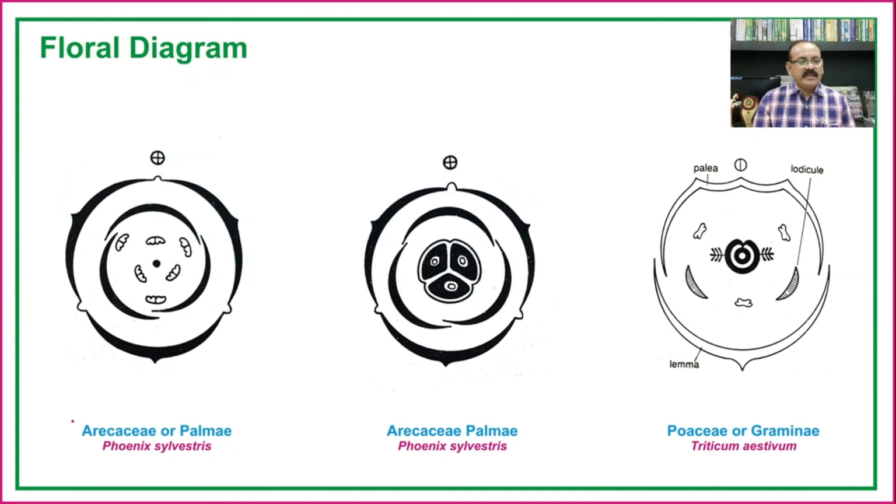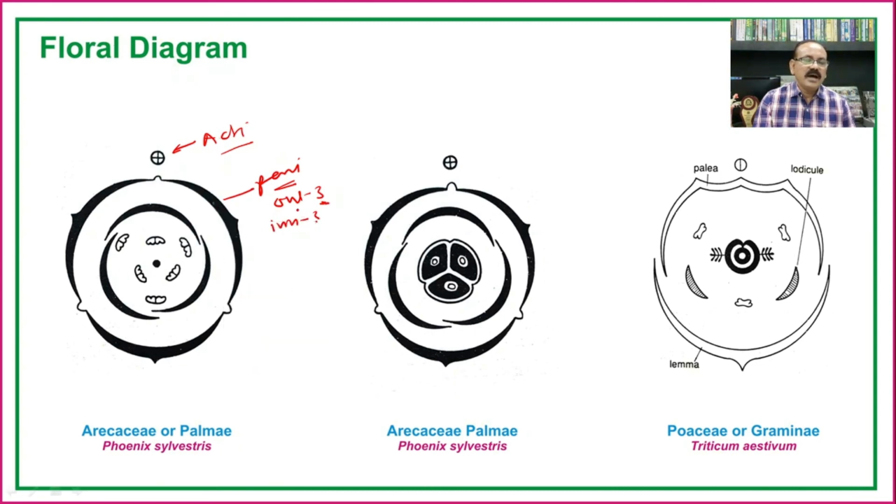In the families Ericaceae, then Araceae and Poaceae, here there is an absence of the bract. Then the flowers are actinomorphic, with perianth in 2 whorls, that is outer 3 and inner 3.